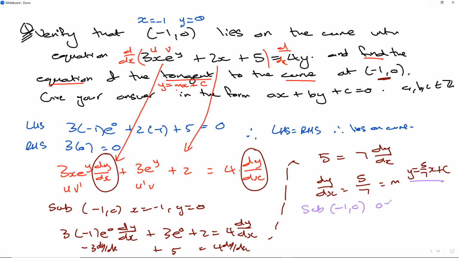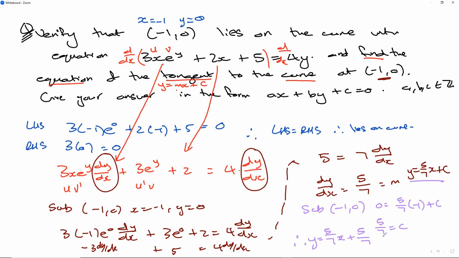So this will be 0 equals 5 over 7 times negative 1 plus c. That's negative 5 over 7, moving over becomes 5 over 7 equals c. And so therefore my final equation is y is equal to 5 over 7 x plus 5 over 7.